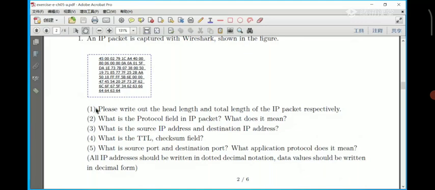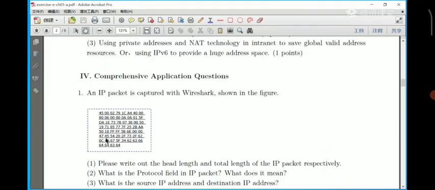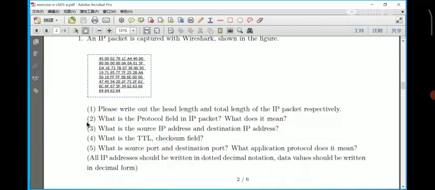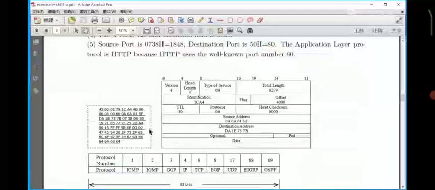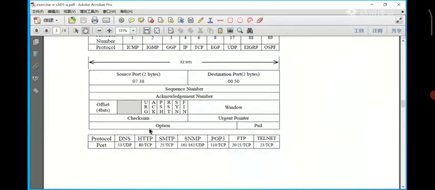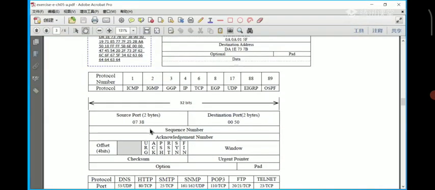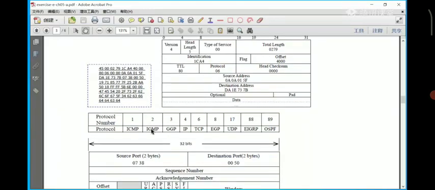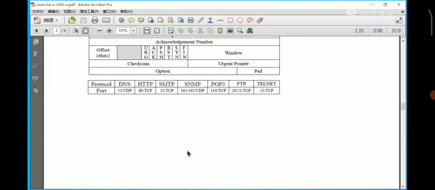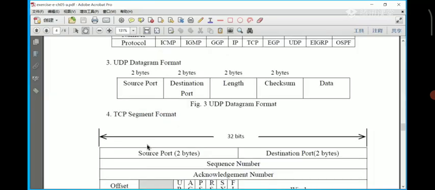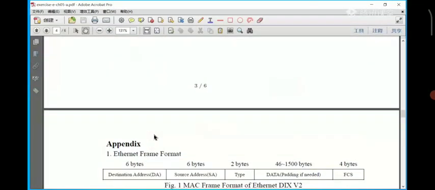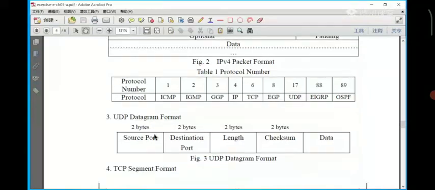If we have this kind of information, then we can determine the fields in the protocol header and determine the values. And this kind of appendix will be provided for you.